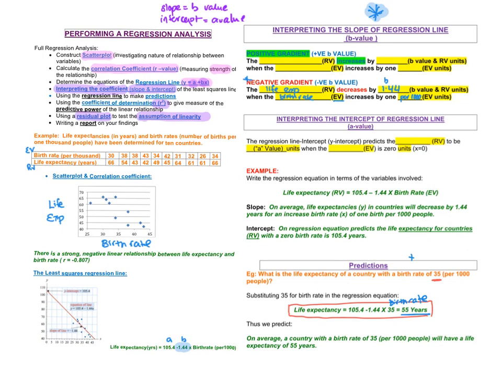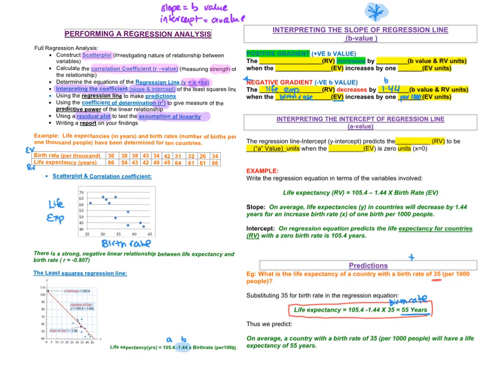The response variable was life expectancy, so I'd write life expectancy decreases, because it's negative, by 1.44 when the explanatory variable, birth rate, increases by 1. Now you have to put the units, so the units for this are per 1,000.